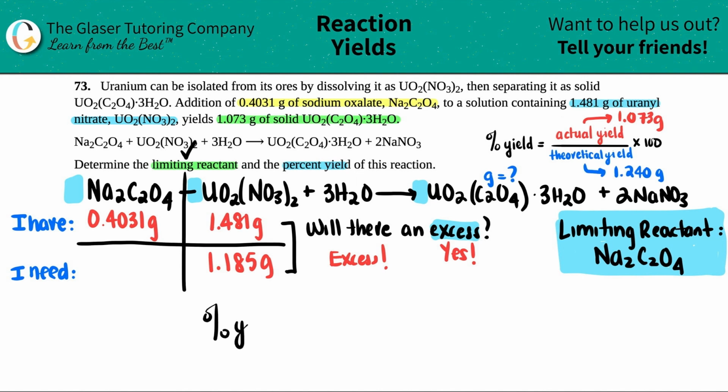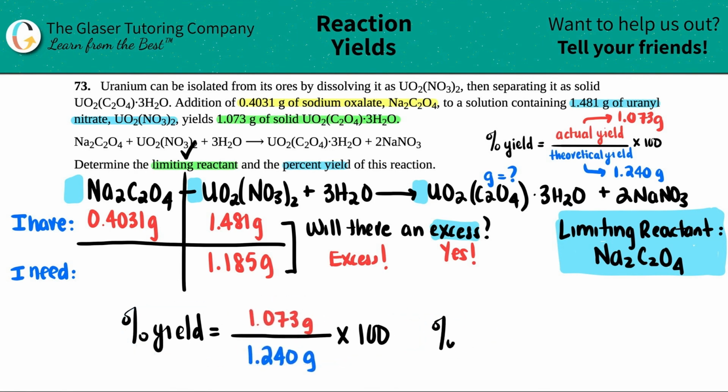The percent yield is the actual yield, times 100. Percent yield is the actual yield, which is what they told me, 1.073 grams of the solid divided by what we found out, 1.240 grams. And that's it.